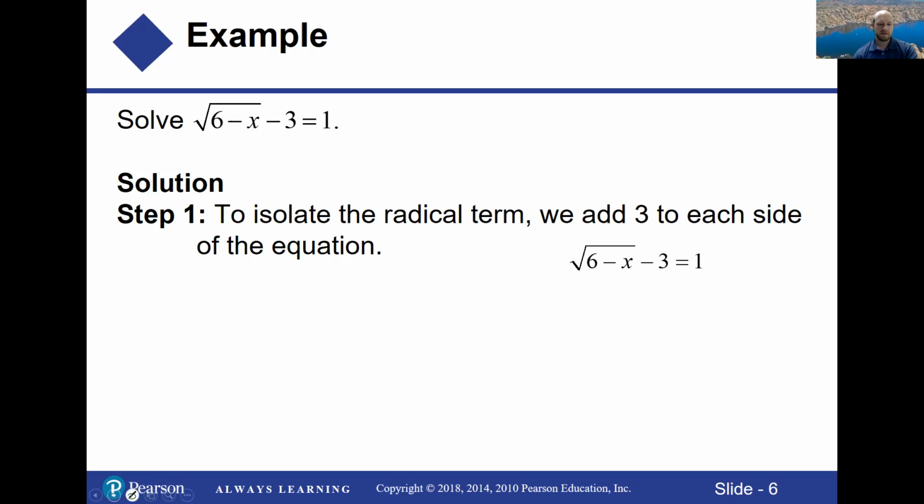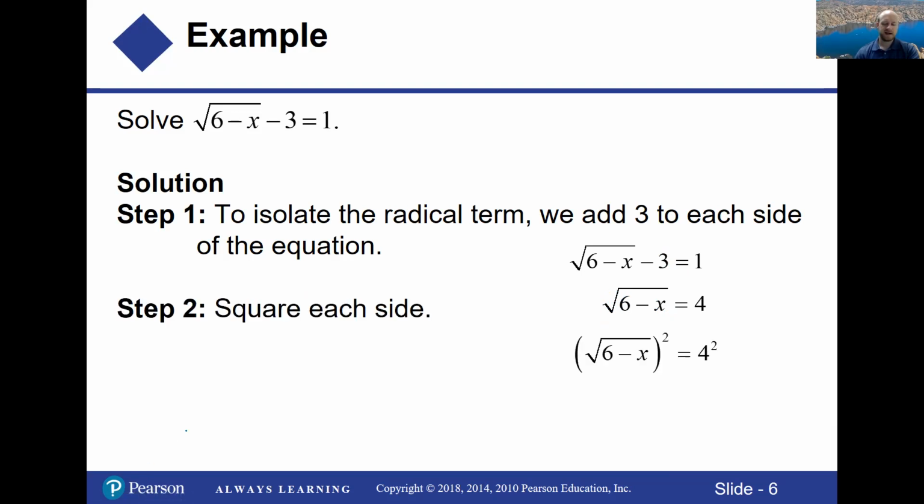So we have now the square root of 6 minus x equals 4. And then our next step is the power rule. We're going to square each side because we have a square root, right? Our imaginary index there is 2. So we're going to square each side.